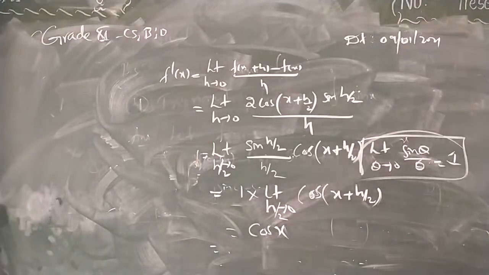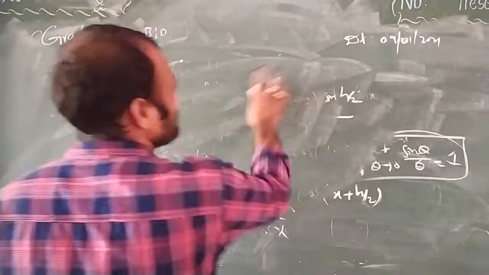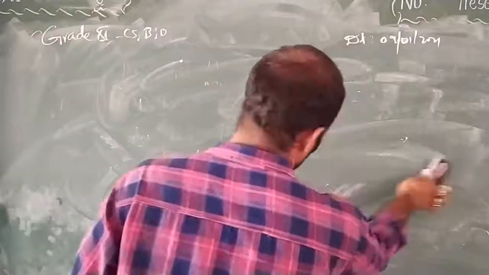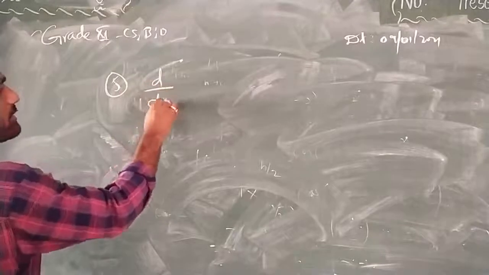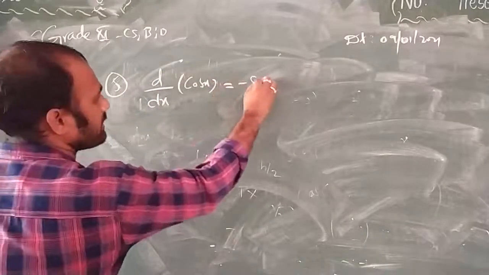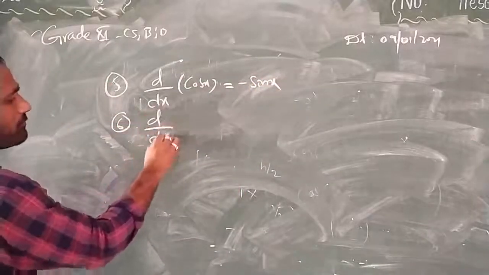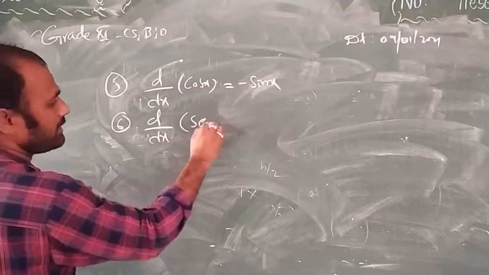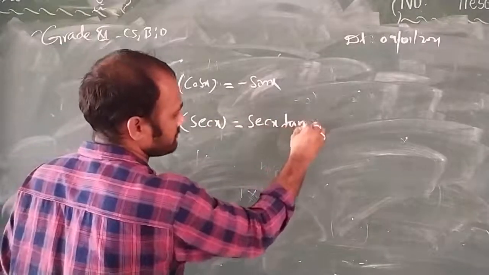Now let us write the next functions. We will write the formulas directly. Let us see the simple ones directly. The derivative d by dx of cos x is minus sin x. Derivative of secant x is secant x into tan x.